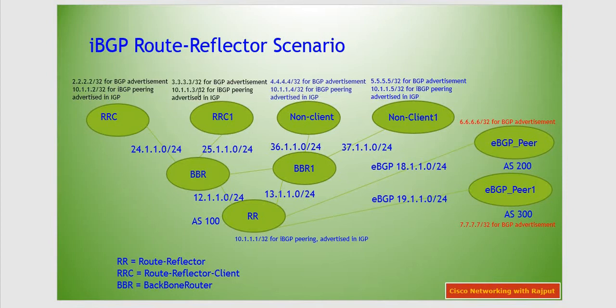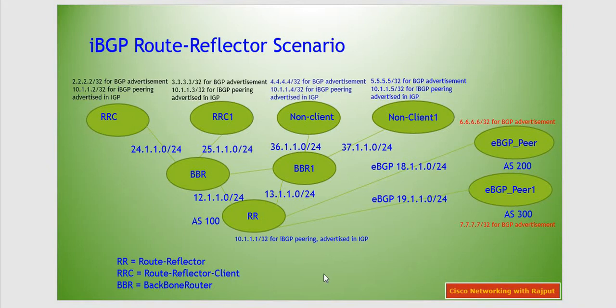In the same way, .3 is used for iBGP peering, and .4 and .5, and both of these neighbors have eBGP peering, so that is on physical interfaces. 2.2 is advertised from RRC, 3.3 from RRC1, 4.4 from non-client, and 5.5 from non-client 1. In the same way, 6.6 from eBGP peer and 7.7 from eBGP peer 1.